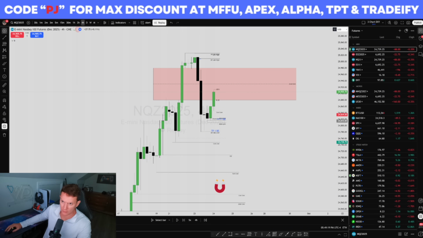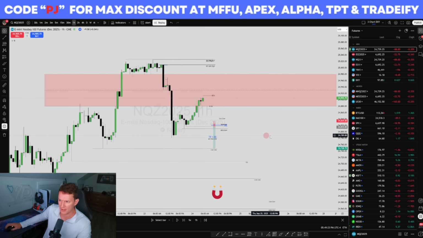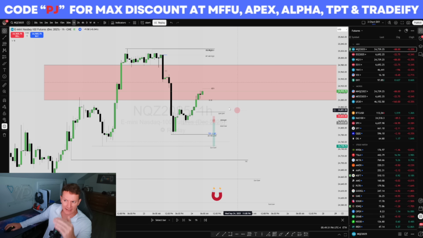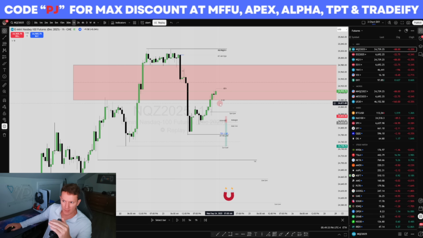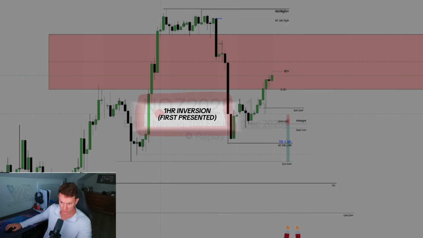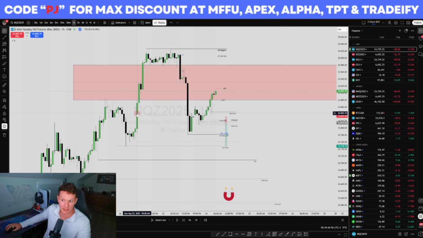Okay. And then really quick, you should jump on the 1 hour time frame and take a look at this right now. I know it's a little bit messy because we have a lot on the charts, but I don't want to delete too much of this stuff. You see how we're pulling back into that 4 hour FVG? But if you look to the left again here, there is a 1 hour FVG right here, which went inverse, which was a protected first presented 1 hour gap as well.